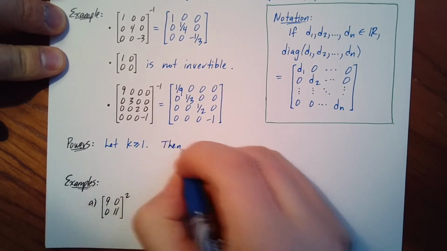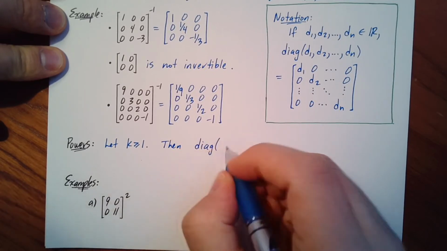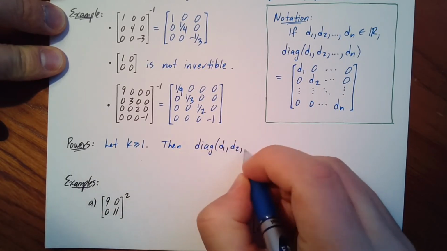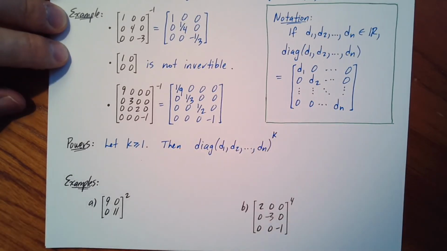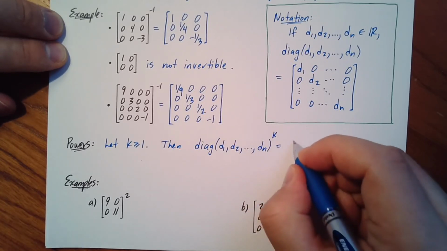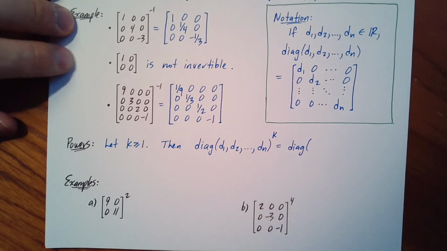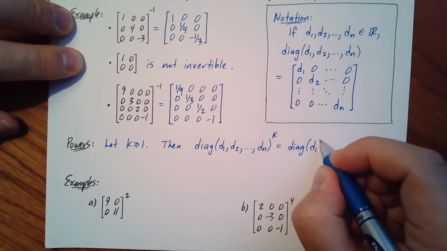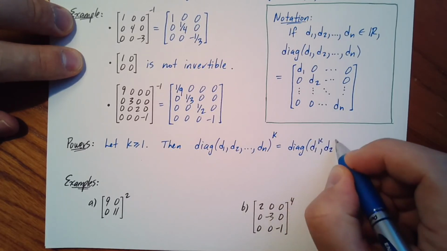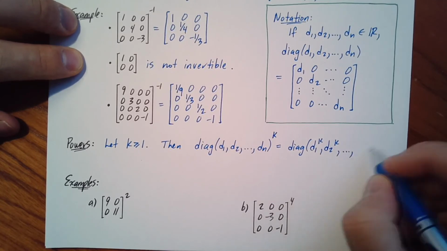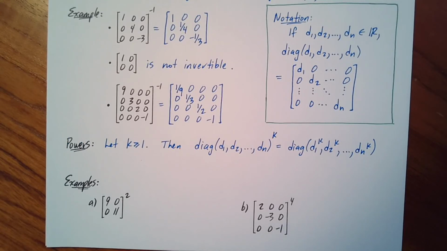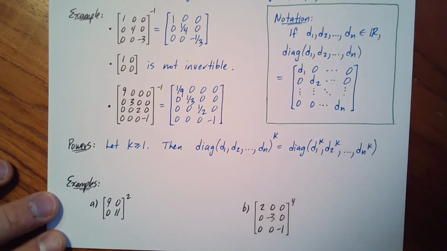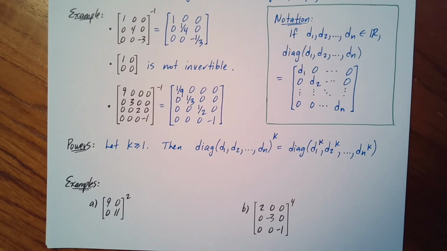If I want to take the diagonal matrix d1, d2, all the way up to dn and raise it to the power of k, well, then all I have to do is say this is the diagonal matrix with diagonal entries, d1 to the power of k, d2 to the power of k, all the way up to dn to the power of k. Okay, and that's all there is to it. If you want to raise a diagonal matrix to a power, just simply raise all of the diagonal entries to that power.